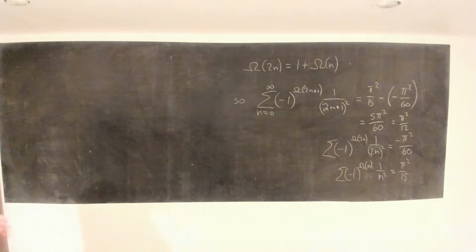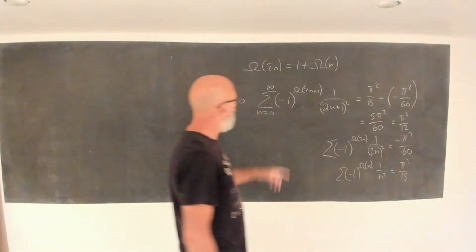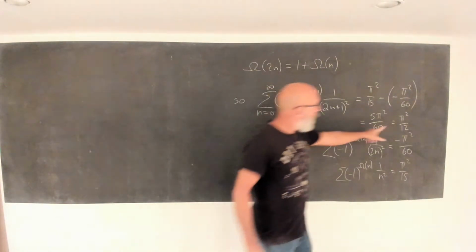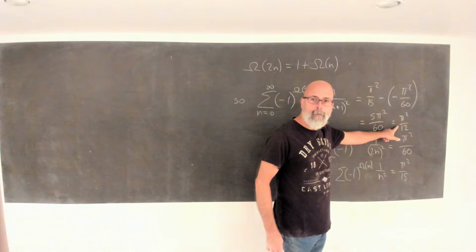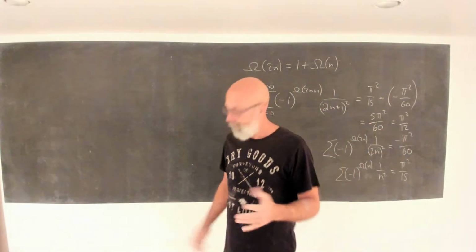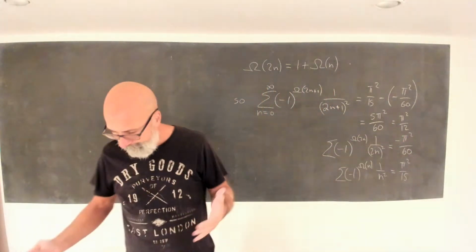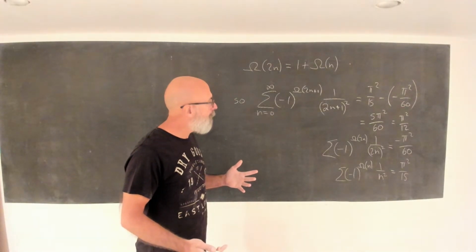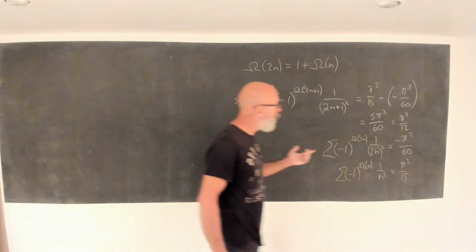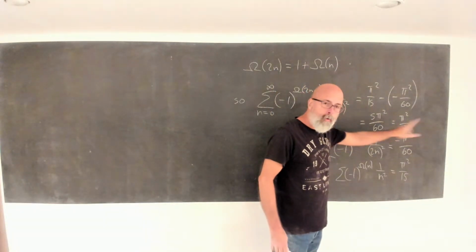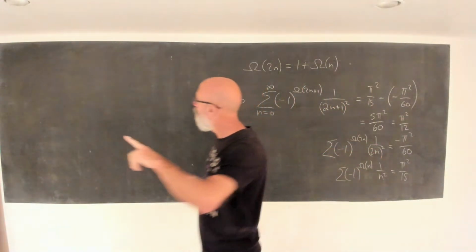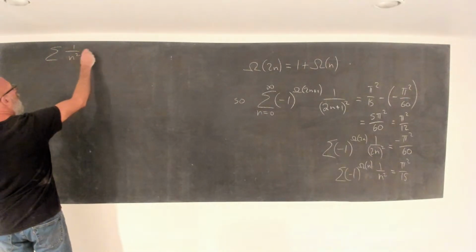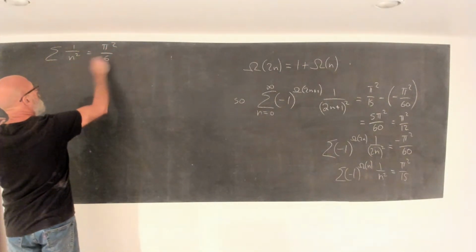But now let's look at this. Pi squared over 12. What is happening here? Pi squared over 12 versus the original sum of 1 over n squared, which was pi squared over 6.